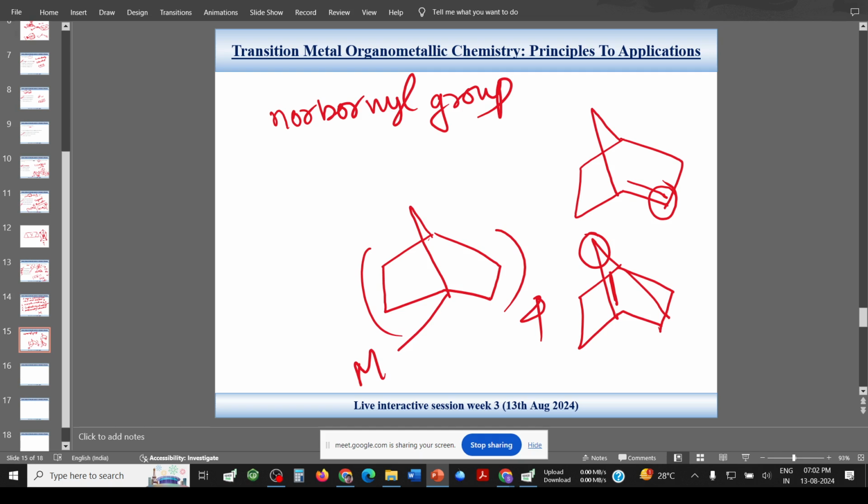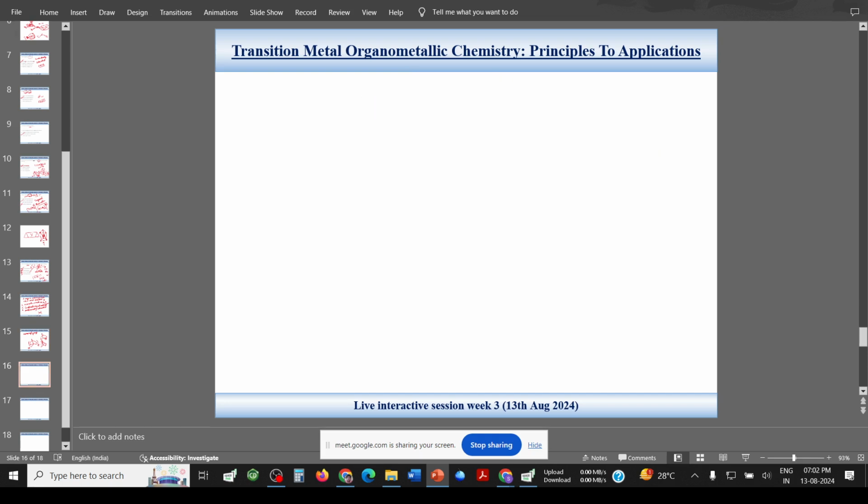Another thing is that there are some complexes which have beta hydrogen but are also stable, that means inert. We can say these are exceptions to beta hydrogen elimination.